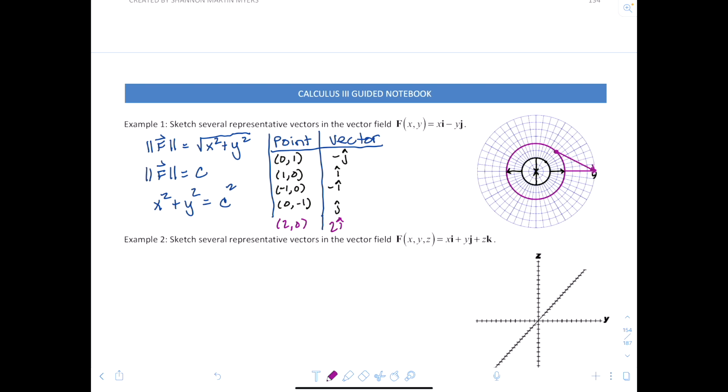Pretty cool, huh? And then, similarly, if you're up here, you'd be pointing down to here.